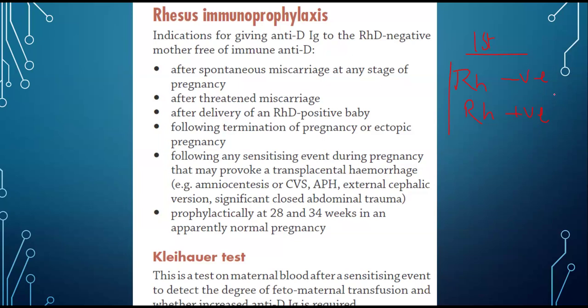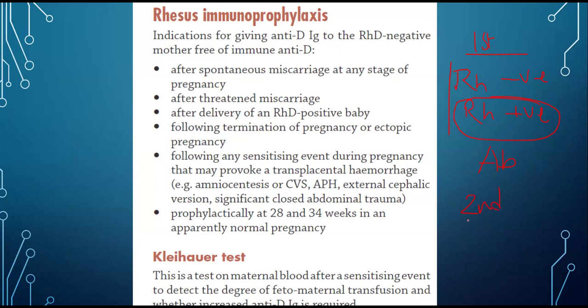If the baby's blood comes into the mother's blood, okay, the mother's blood will think this RH positive blood is a foreign particle or foreign body. So the mother's body will make an antibody against this. So now after the first delivery, the mother has an antibody against RH positive blood group.